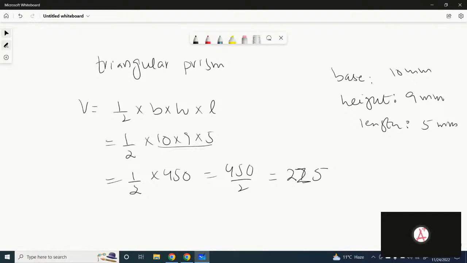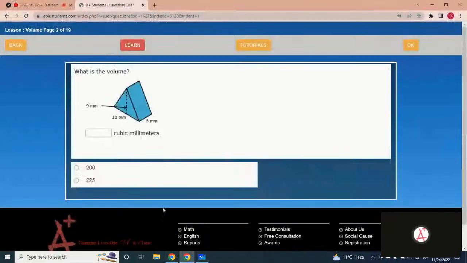And the unit is cubic millimeter. Volumes always have cubic units, and you can see the units from here. So just select the correct option and then click on the OK button.